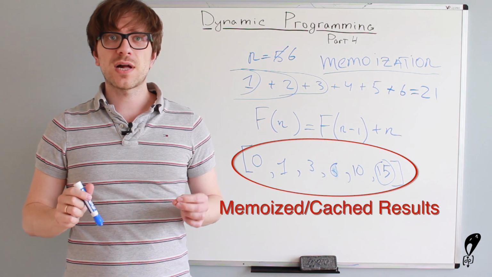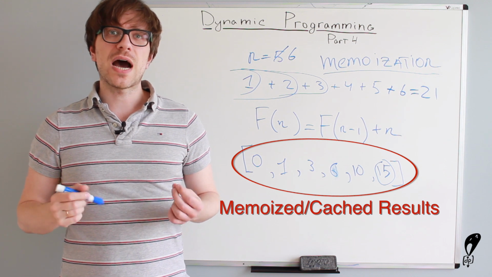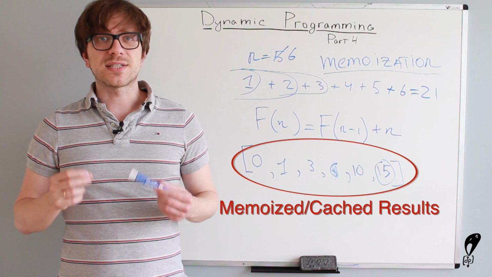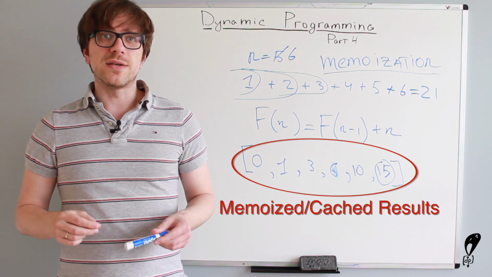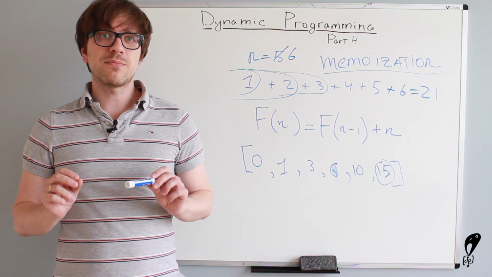We cache the result of a computation so that we can reuse it later, meaning that we optimize the time complexity by giving up space. It's a time-memory trade-off.